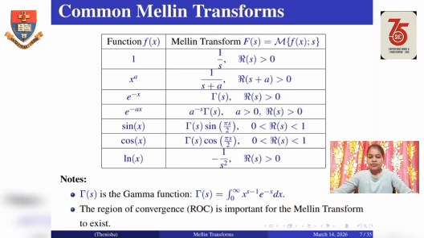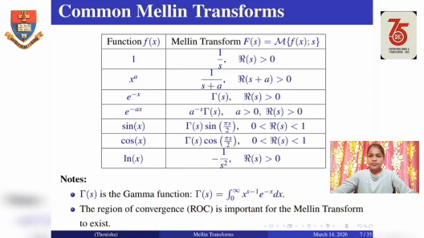If the function f of x equal to e to the power minus ax, then the Mellin transform F of s equal to a power minus s gamma of s for a greater than 0, real part of s greater than 0. If the function f of x is sin x, then the Mellin transform F of s equal to gamma of s into sin pi s by 2 for 0 less than real part of s less than 1.